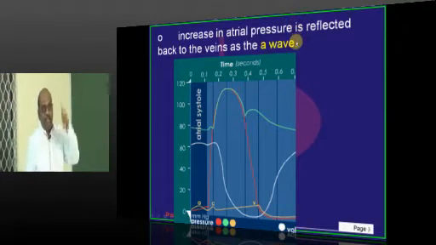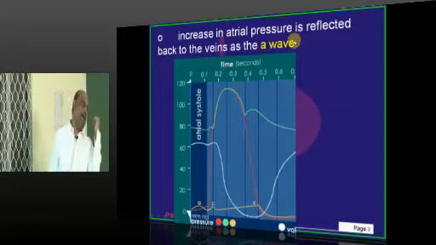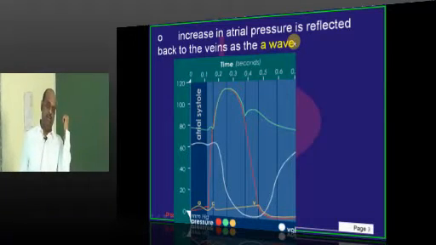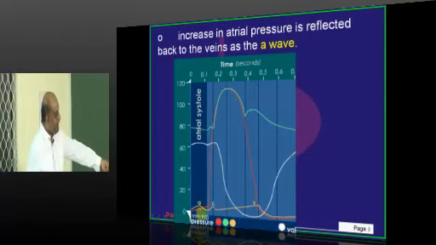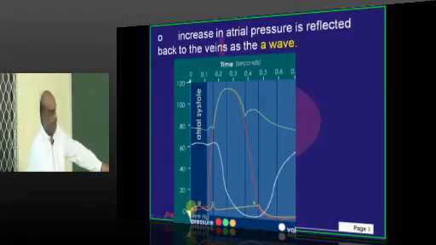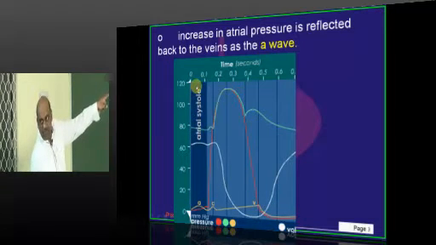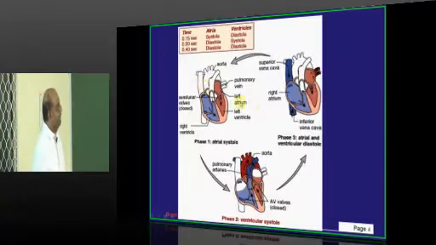That increased left atrial pressure will fire back on the veins, because veins are draining into the atria. And if you look at the venous pressure tracing, what do you find? The A wave, which corresponds to the phase of atrial systole, is what needs to be remembered.